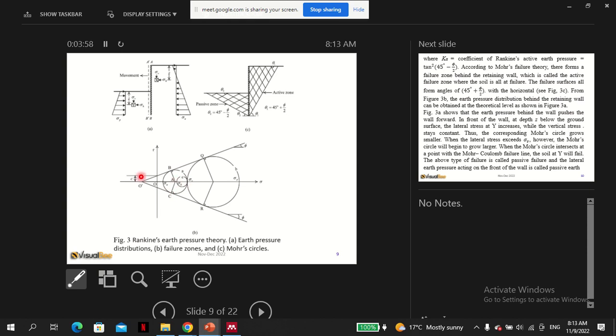So the issue here is that there is a ratio, there is vertical stress and horizontal stress. Now because of the space here, the soil has to move to a point of balance. So because of this, sigma h will reduce, and the representative Mohr circles are as shown.